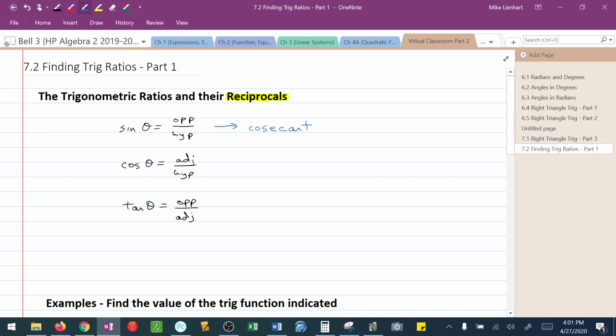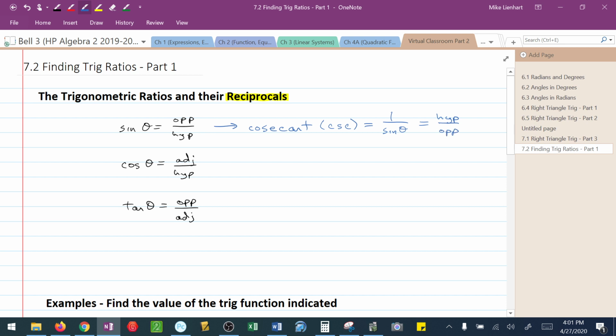The cosecant function is the reciprocal of the sine function, so 1 over sine. Matching it up to the SOHCAHTOA idea, this gives the ratio of hypotenuse over opposite.